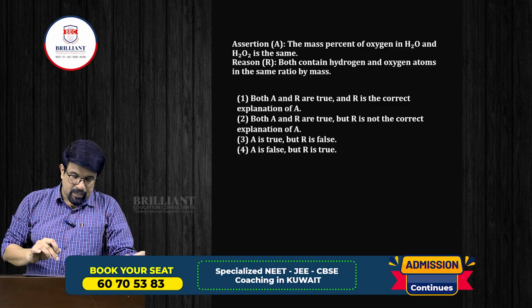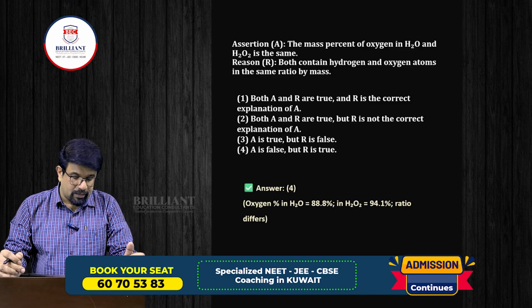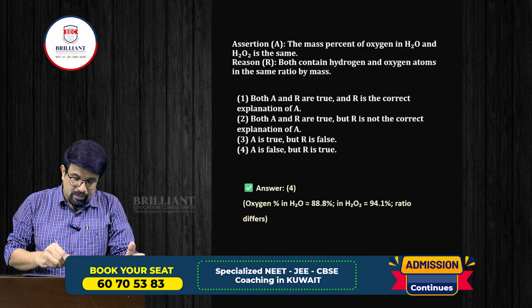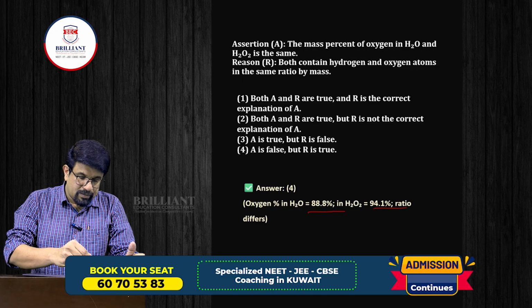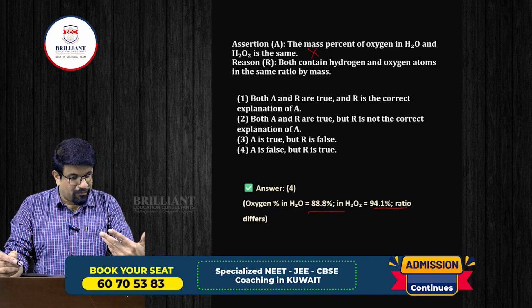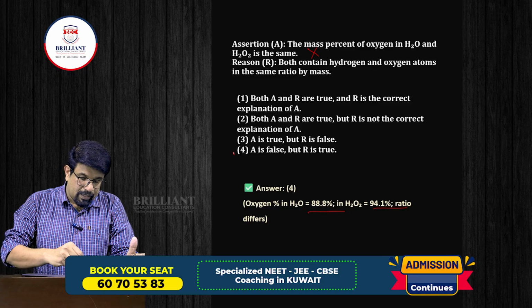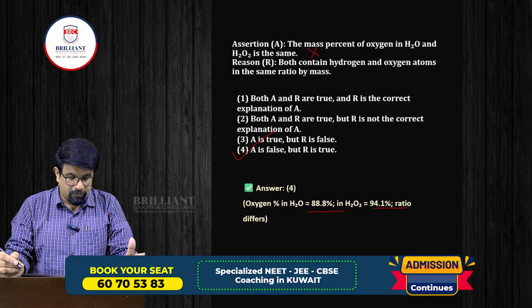In this question, water and hydrogen peroxide are given, right? The percentage of oxygen is different anyway. That's why the first statement is wrong. So which option can we take? The first option is wrong, so the answer can only be the fourth option: A is false and R is true.